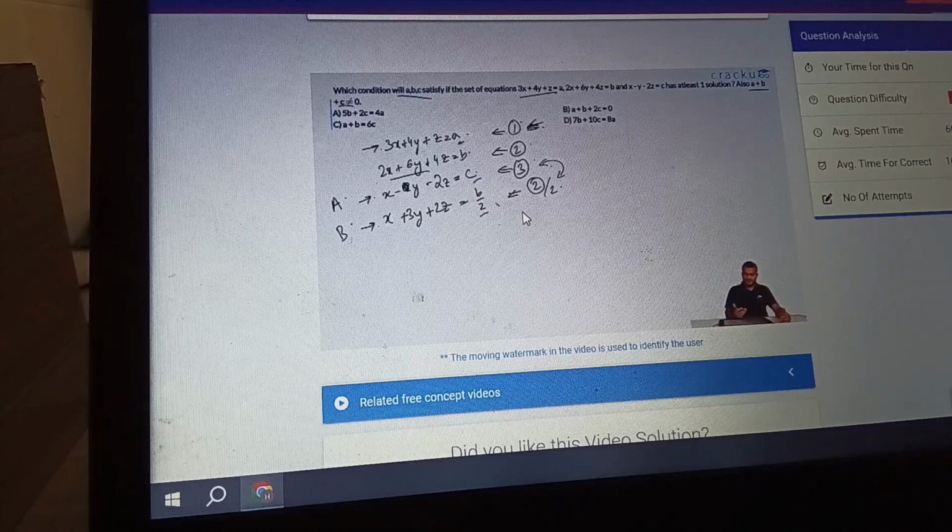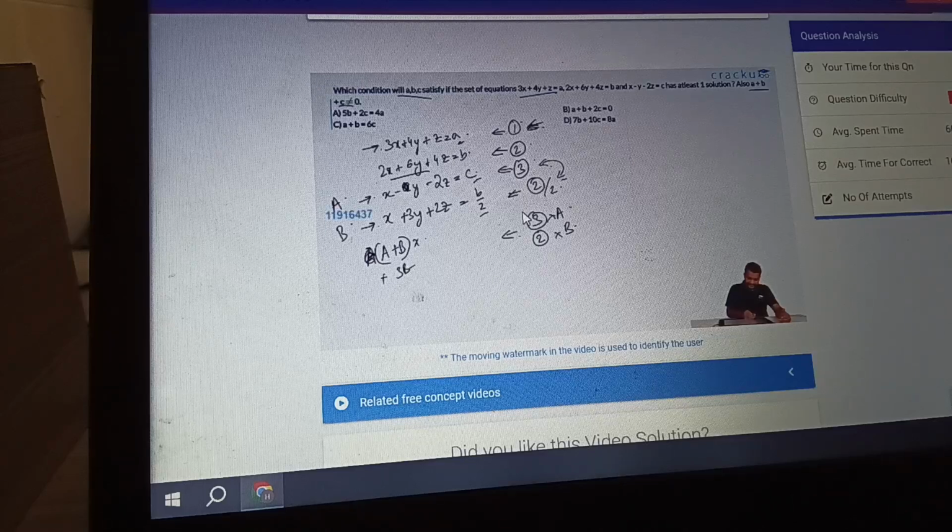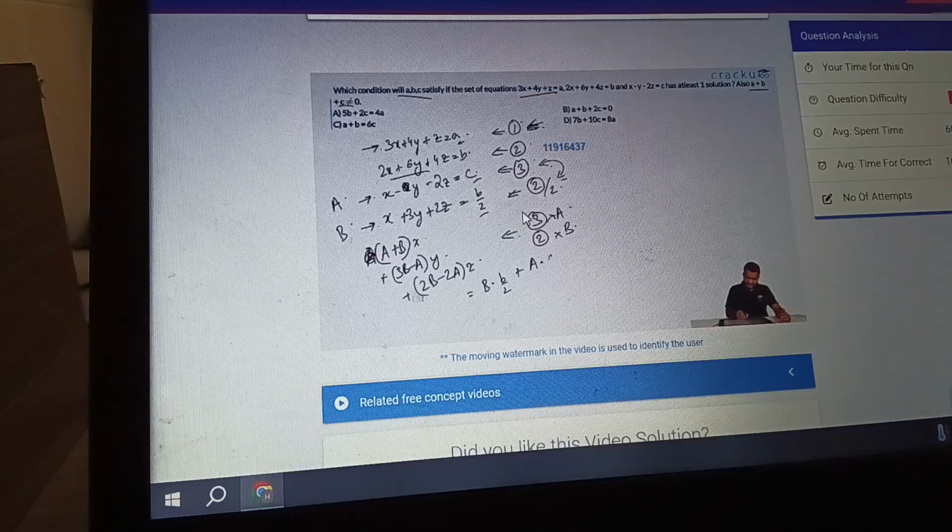What we are basically saying is, if you are multiplying the third equation by a and adding the second equation divided by 2 times b, we will be getting (a plus b) into x plus (3b minus a) into y plus (2b minus 2a) into z. This will equal on the right hand side b into b by 2 plus a into c.